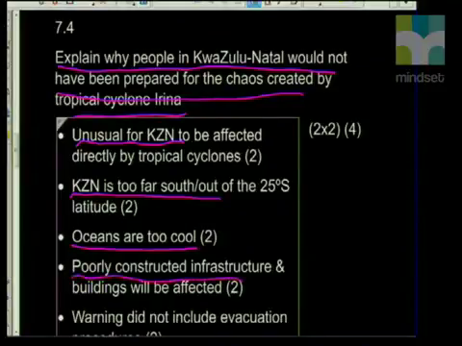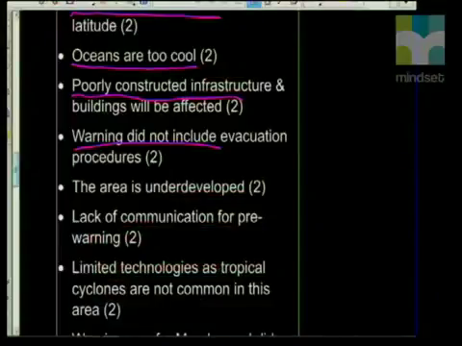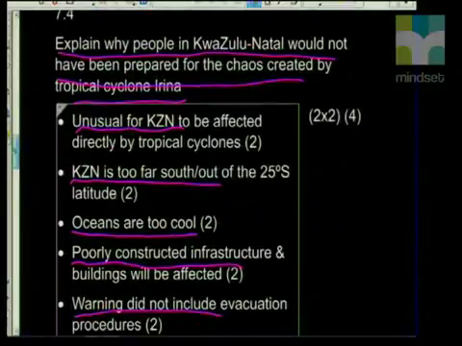Our infrastructure isn't in bad quality, but it's not built to cater for these tropical cyclones. Our warning systems and evacuation procedures are not put into place. Why should we spend millions when we don't have such big tropical cyclones hitting us? Communications, lack of technology. There's various reasons, and if you gave any two of those reasons, it's 4 marks.